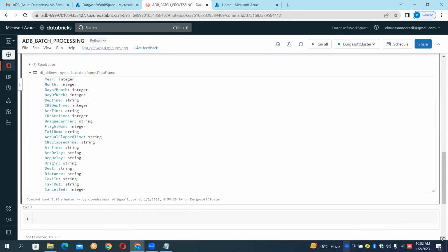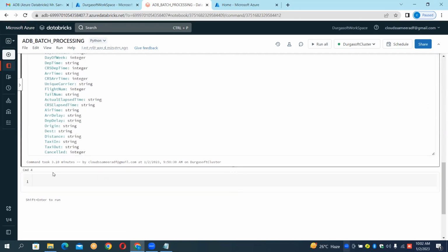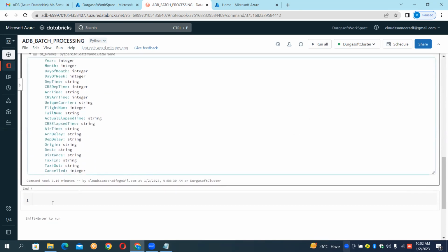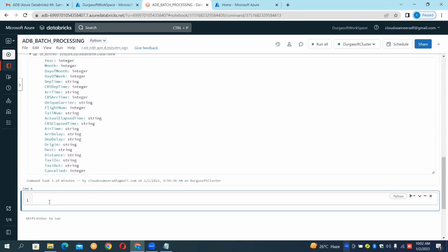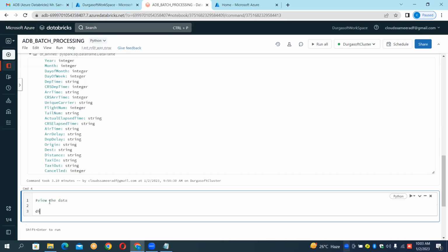So to view the data frame now, what is the method we adopted? Tell me now. View the data, print schema. Yes, use display.